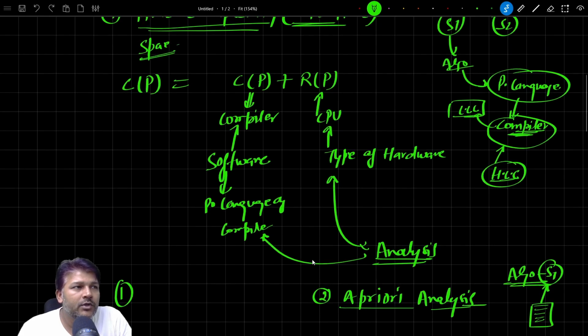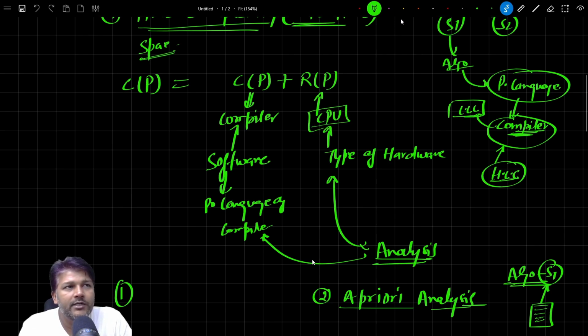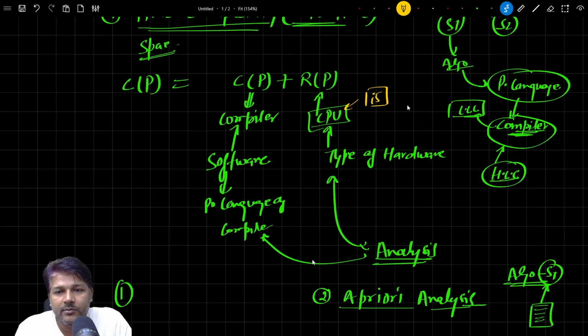Okay, no need to consider this compile time, कितना time ले रहा है. Because if you are going to consider all these parameters, compile time and then run time, then when you change your system, let's say you are working on a system whose configuration is i5, and then another system configuration is, let's say, i9. So obviously configuration difference means speed may be different होगा.